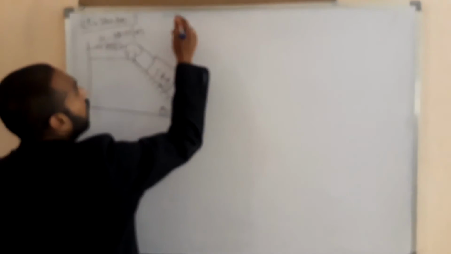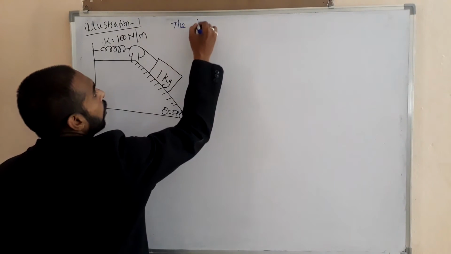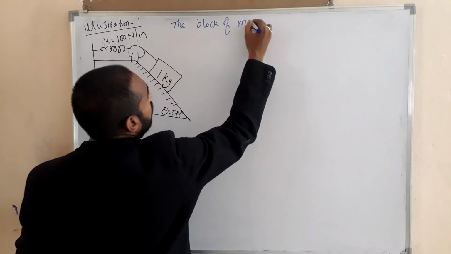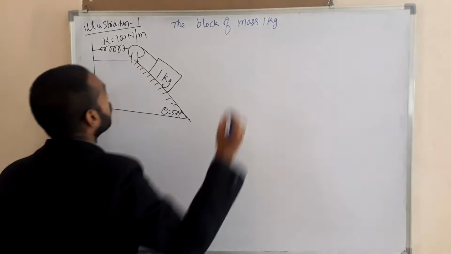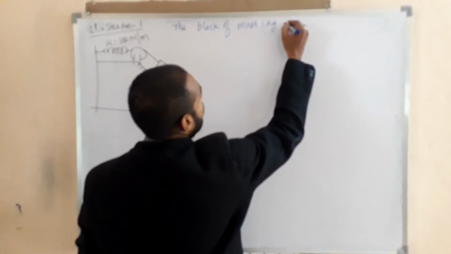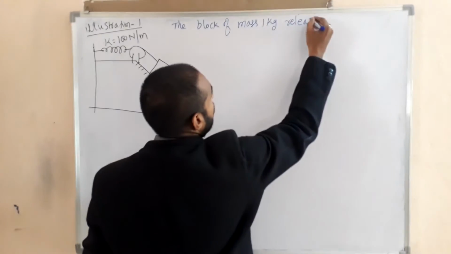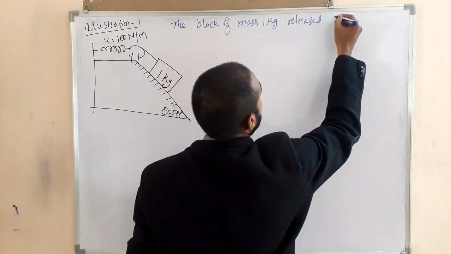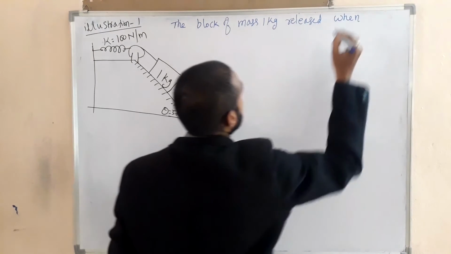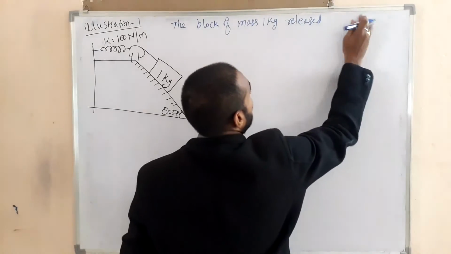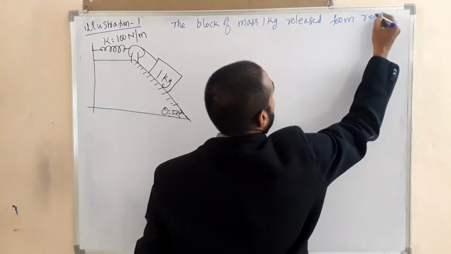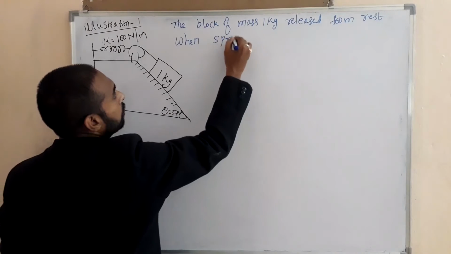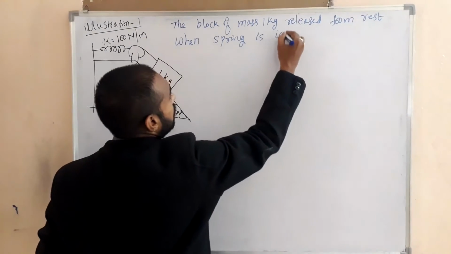The block of mass 1 kg is released from rest when the spring is in its unstretched position.